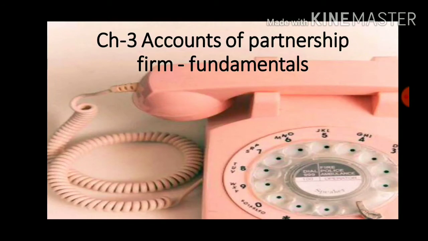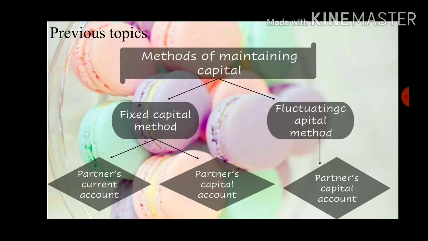Chapter 3, accounts of partnership firm fundamentals. The previous topic was methods of maintaining capital. There are two methods to be followed: the fixed capital method and the fluctuating capital method. In the fixed capital method, you have to prepare two accounts.